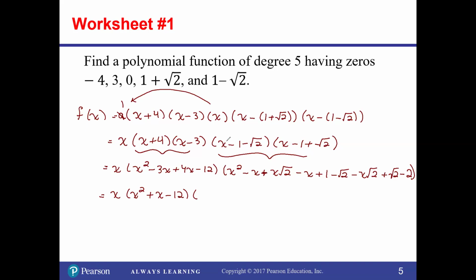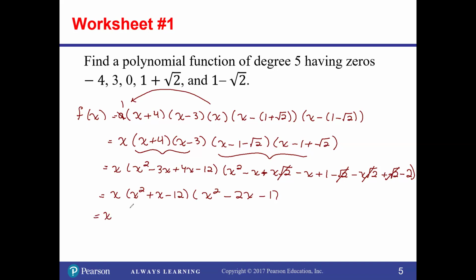Sorry about that. This x times square root of 2 was a plus. This negative square root of 2 times x was a negative. So those two cancel out. These square roots cancel each other out. So you're left with x squared, negative x and negative x, so negative 2x, and then 1 and -2, so -1.